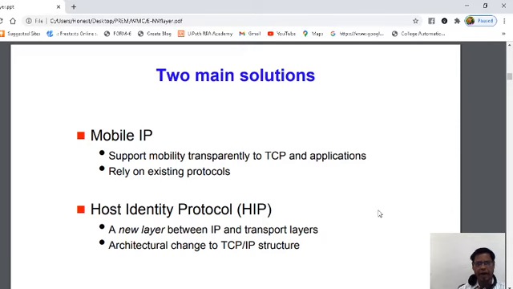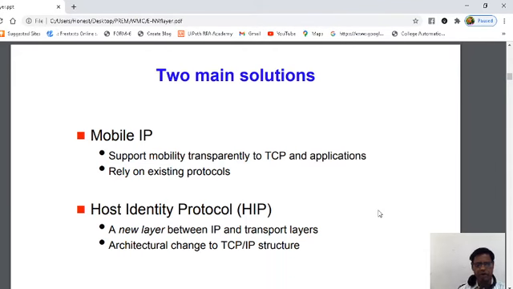There are two main solutions: Mobile IP and Host Identity Protocol. Mobile IP supports mobility transparently to TCP and applications, and relies on existing protocols.